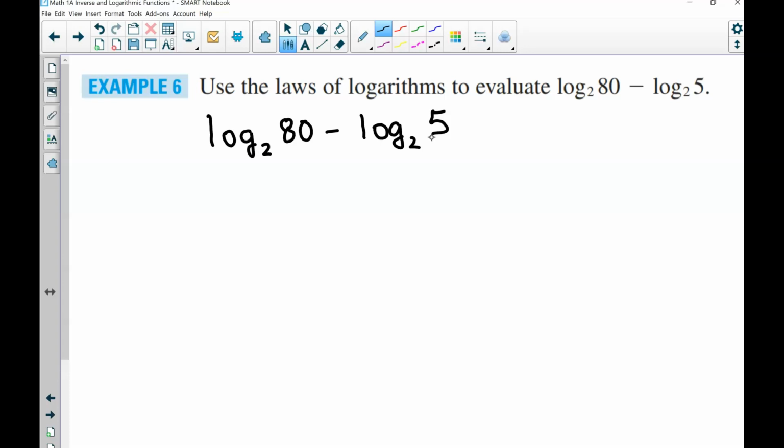So we have to use some of our properties. Since this is subtraction, this would turn into division. So now we're going to have the log base 2 of 80 divided by 5. And what is 80 divided by 5? Well, 80 divided by 5 is 16.